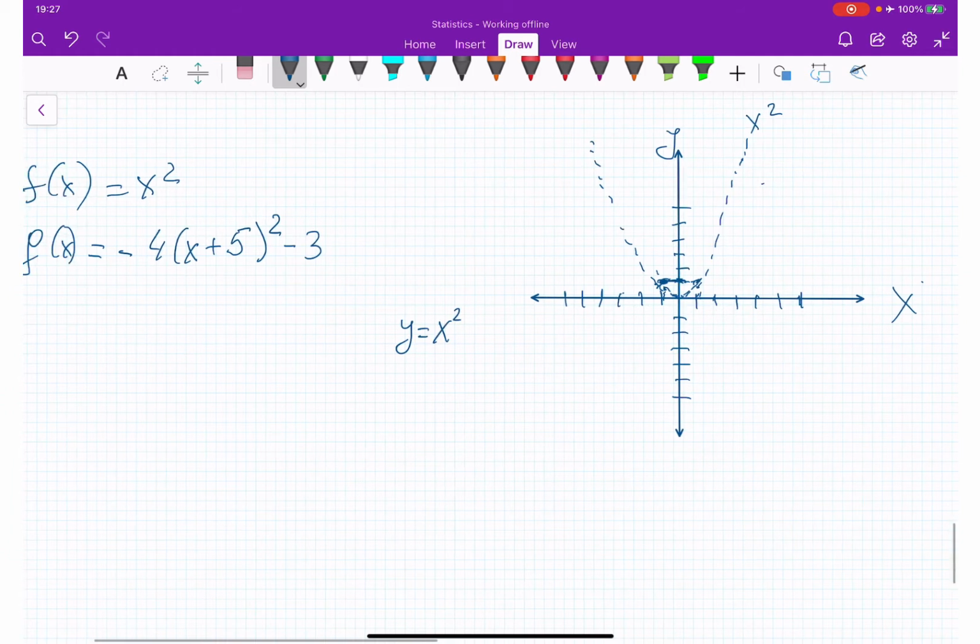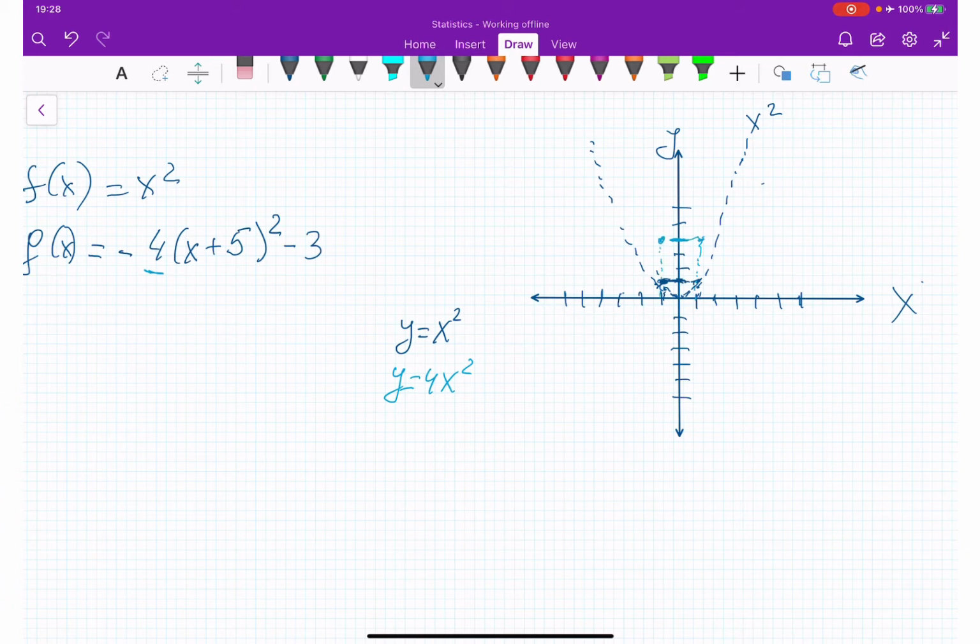Next, I'm going to build y is equal 4x squared, which means if x is positive 1 or negative 1, y is going to be 4. 1, 2, 3, this is 4. So if I move 1 comes up here, it's going to be here.